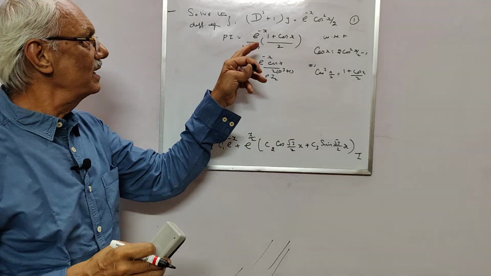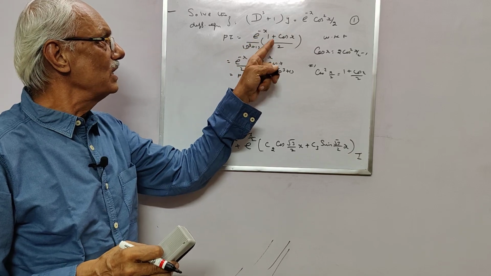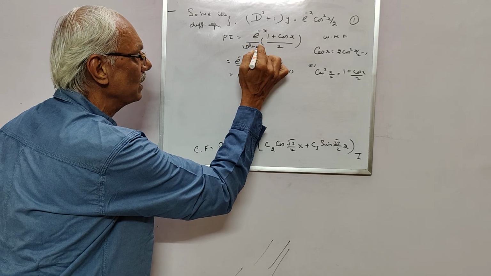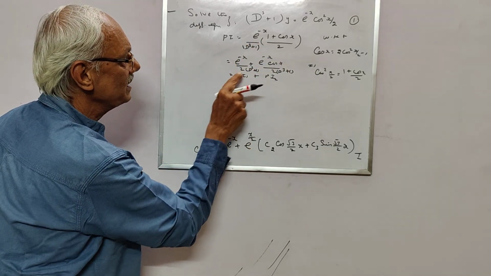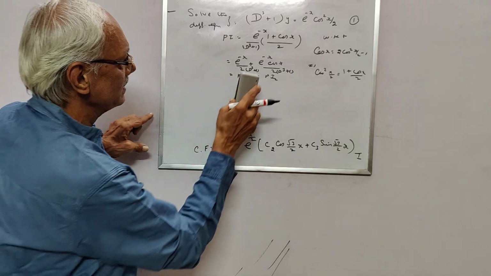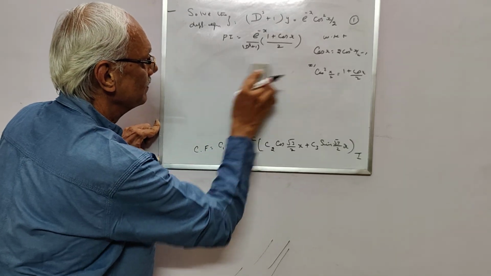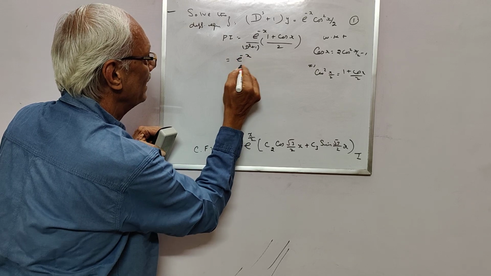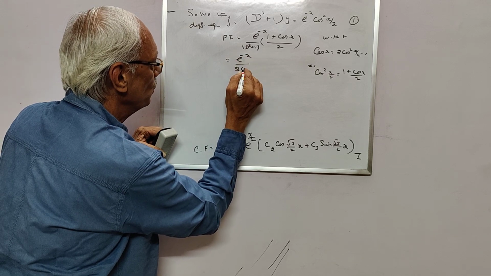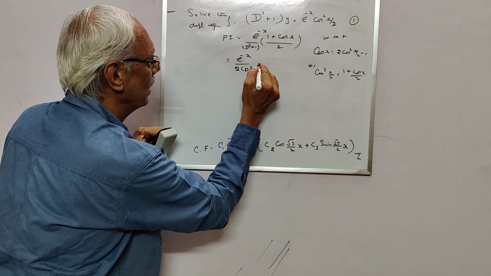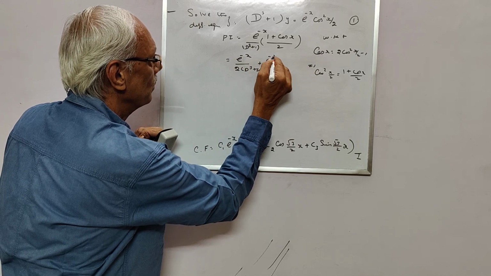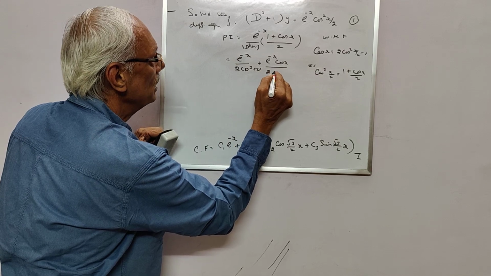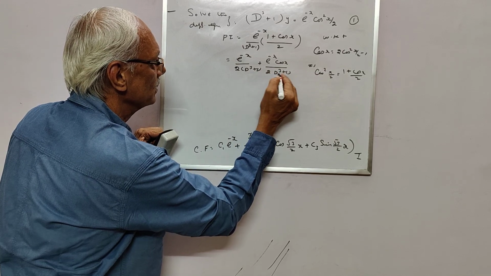So the particular integral is e to the power of minus x into 1 plus cos x by 2 divided by this D square plus D plus 1. So I split it, and this is equal to e to the power of minus x divided by 2 into D square plus D plus 1, plus e to the power of minus x cos x divided by 2 into D square plus D plus 1.